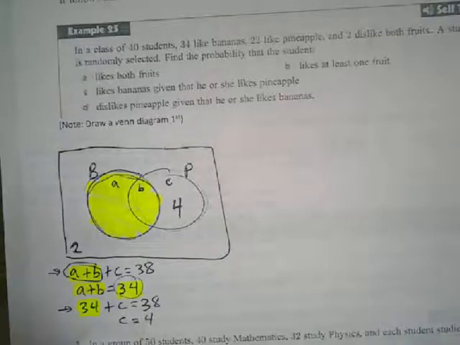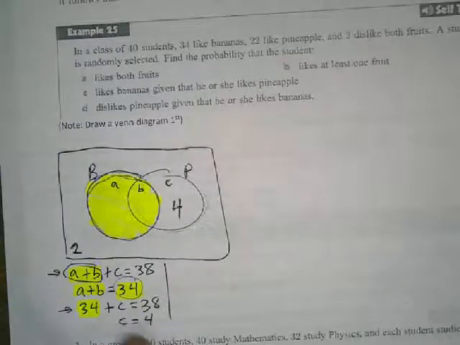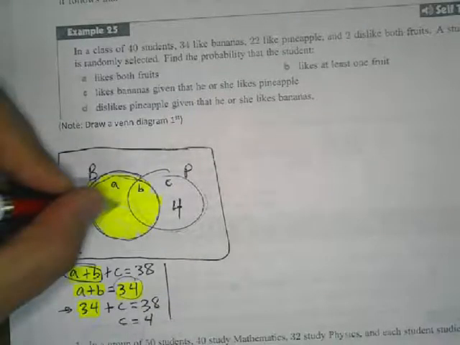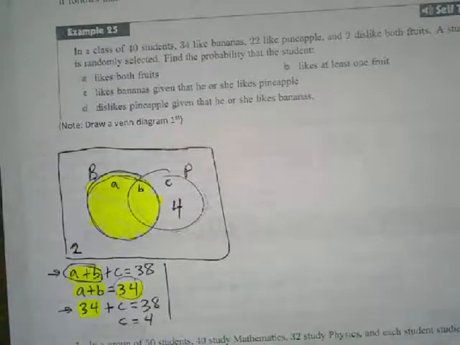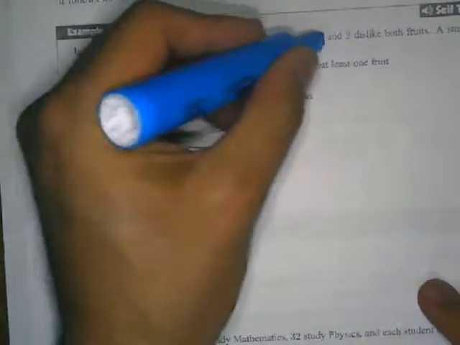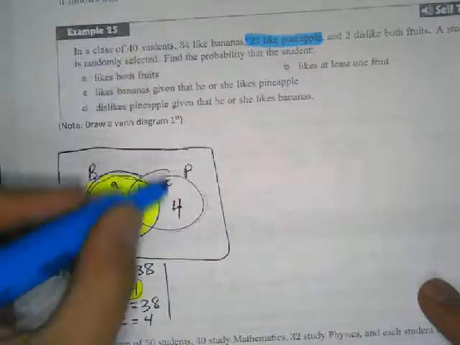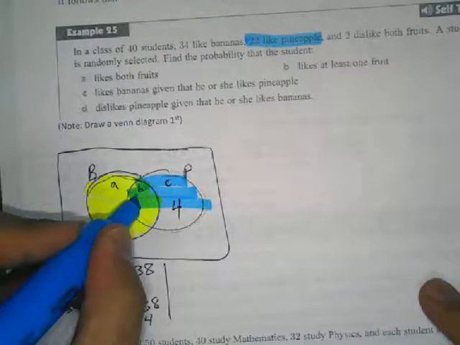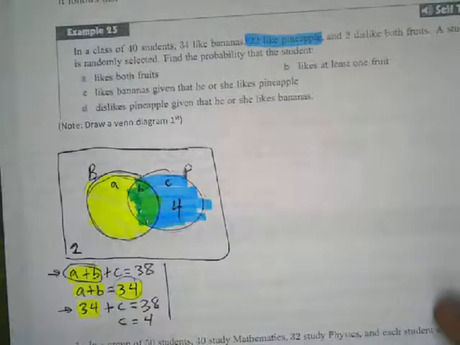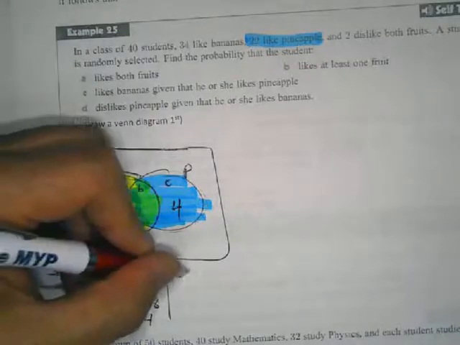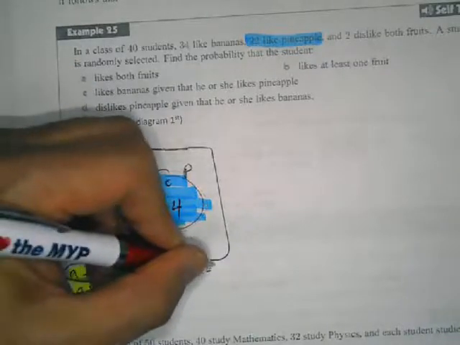Okay, now that I have C, I can solve for another equation. We know our pineapple-loving people, there's 22 of them. So this region here has to add up to 22. So I can say B plus C equals 22.